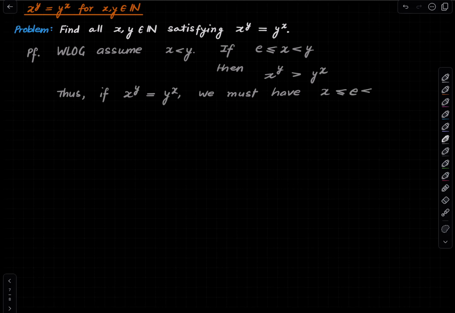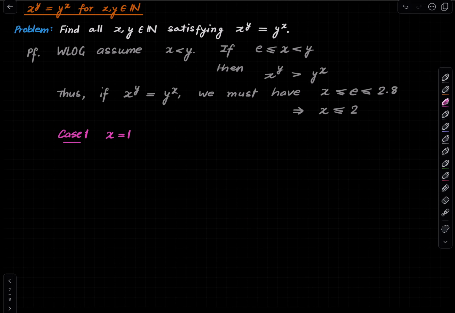But we know Euler's number is at most 2.8. It is 2.7 something, as we saw in a previous lecture. So therefore, we must have x at most 2, because x is after all a natural number. So there are only two possibilities for x. Case 1 is that x is equal to 1.